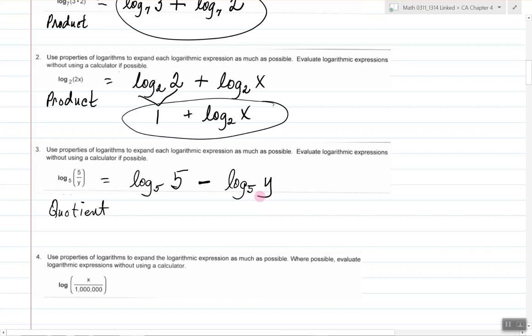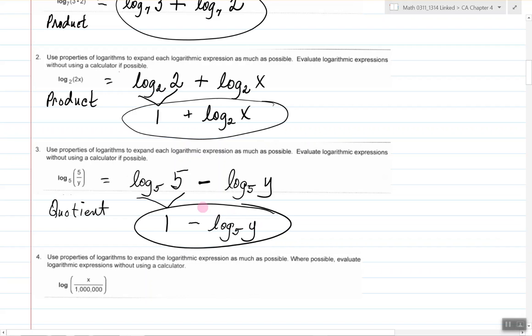Can I simplify anything? Well, remember, if the base of the logarithm is the same as the argument, you get 1, because logarithms are equal to exponents. What exponent do you have to raise base 5 to get 5? The answer is 1. So this is 1 minus log base 5 of y.